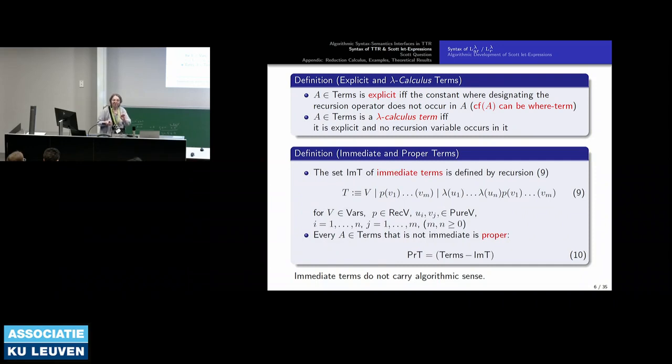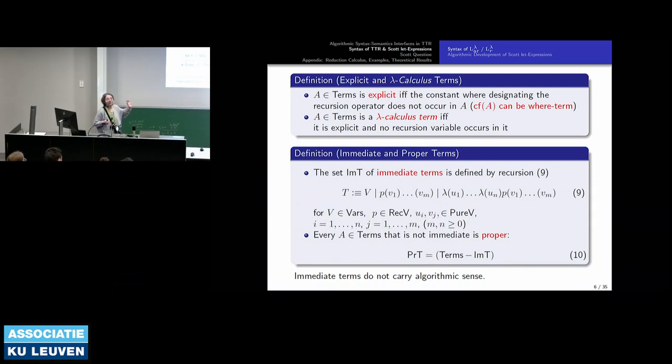The canonical form is by default a recursive term. Then it's a lambda-calculus term if it's explicit and there are no recursion variables free in it. So then those terms that do not have any algorithmic meanings are (9).